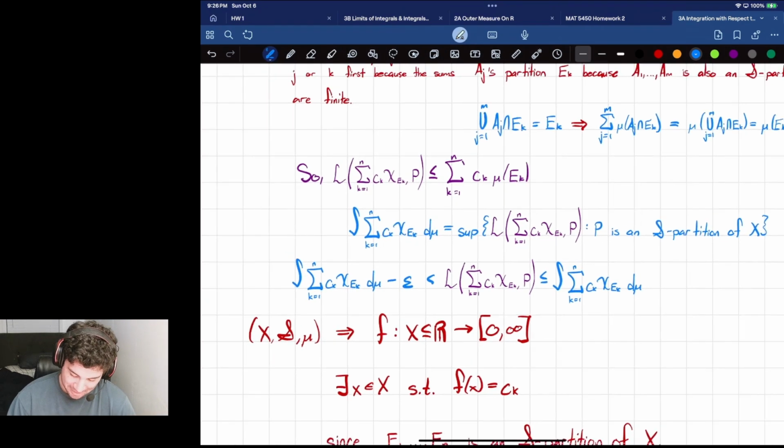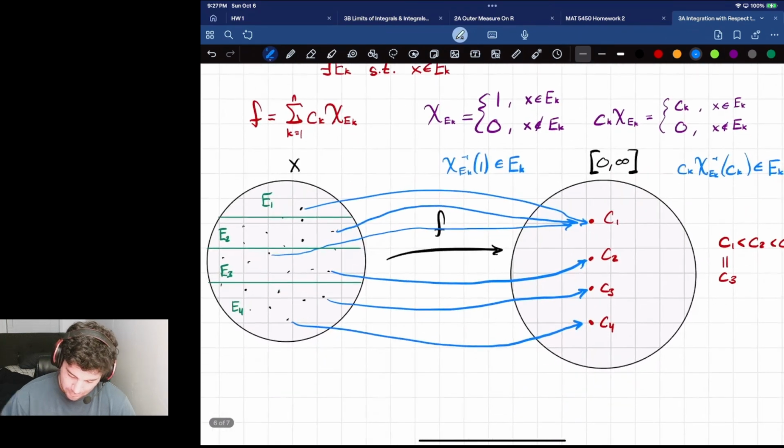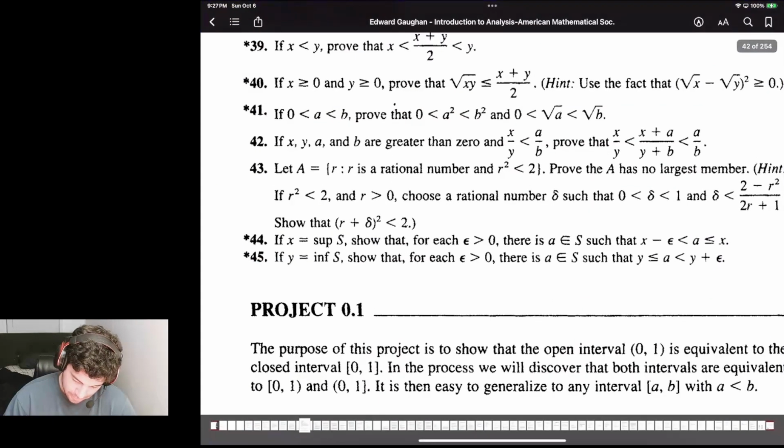Okay, does this work? Is this enough? What is the condition here?